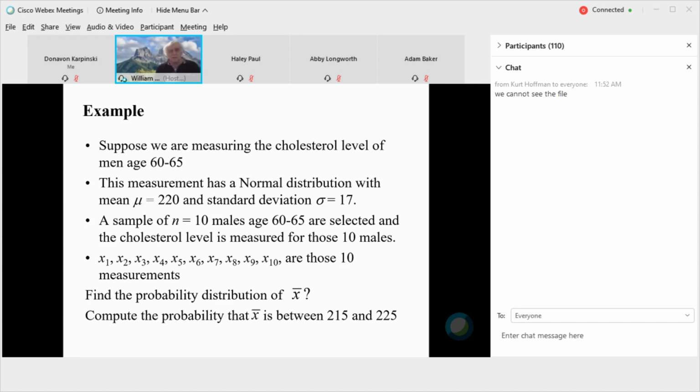Suppose we don't know the mean, we want to estimate the mean by the sample mean, X bar. It'll vary randomly. It should be around 220. Compute the probability it's between 215 and 225. To do that, we have to find its sampling distribution.